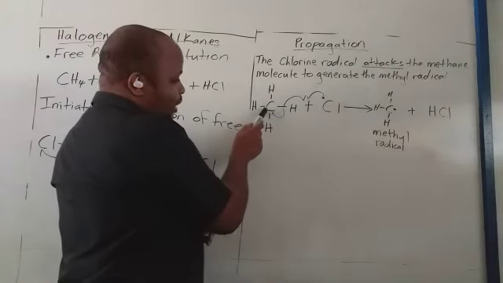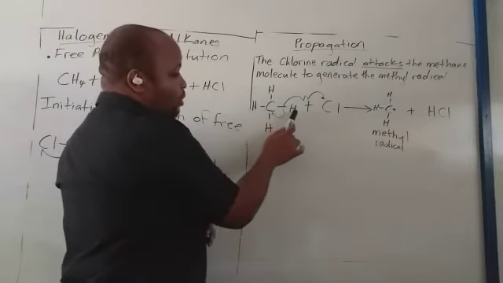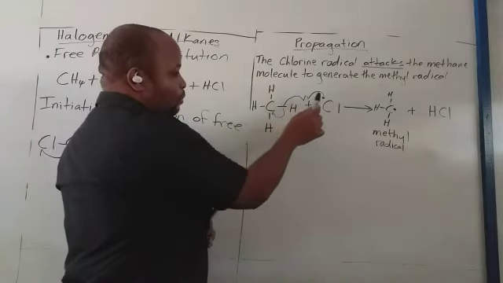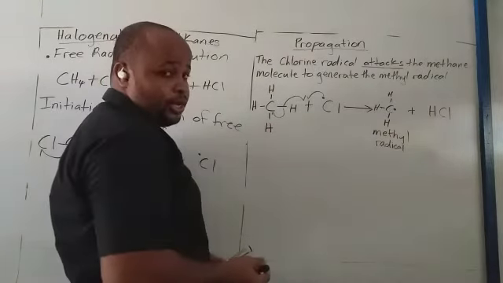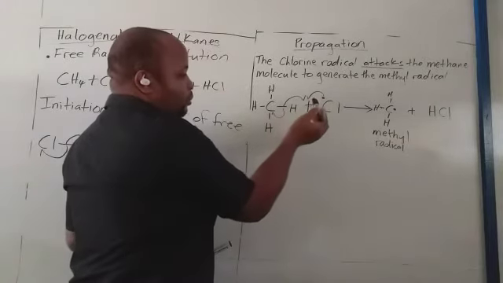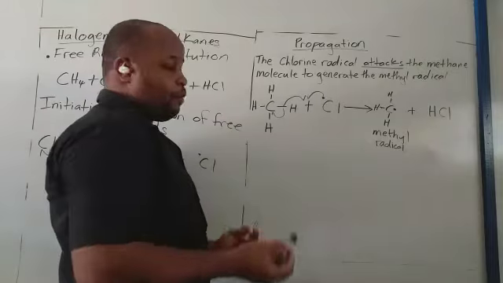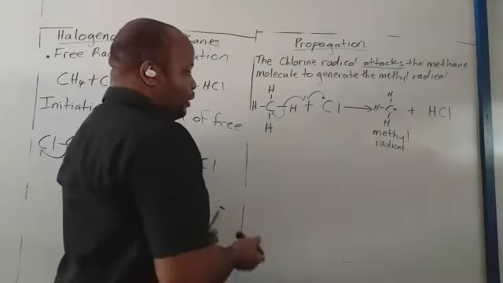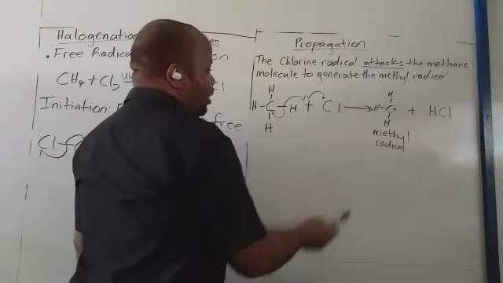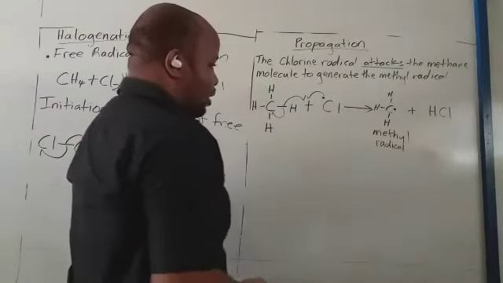That means carbon gets 1 electron and hydrogen gets 1 electron. The hydrogen uses 1 electron to form a bond with chlorine. You ensure that the fish hooks are facing each other to show that the bond is being formed between hydrogen and chlorine. And so we get hydrogen chloride and the methyl radical.